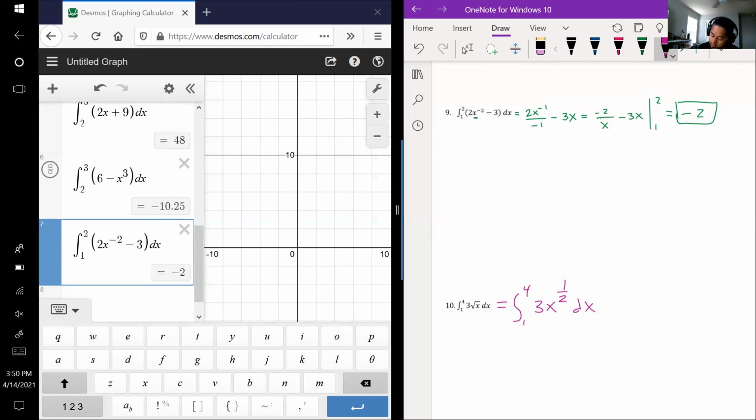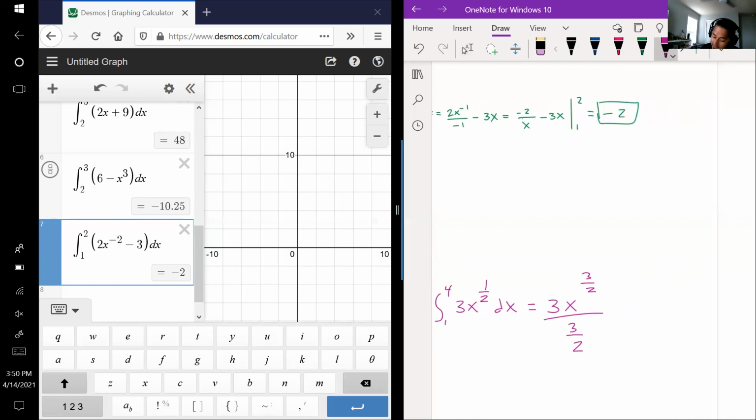And then you apply power rule. So you get 3 times x, and remember you add 1 to 1/2. So 1/2 plus 1 is going to give you 3/2 over 3/2. And we're going to clean it up before we evaluate, which means I'm going to flip that denominator.